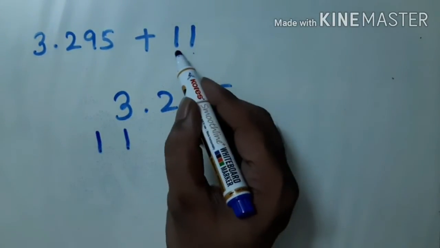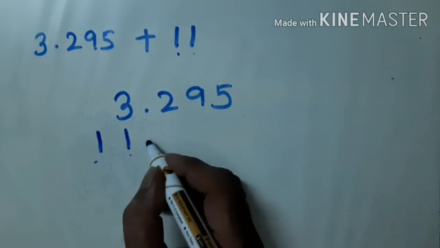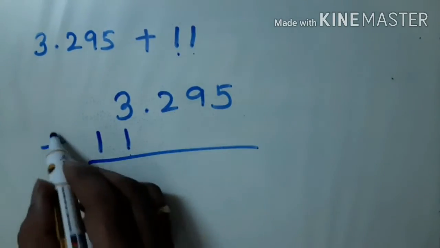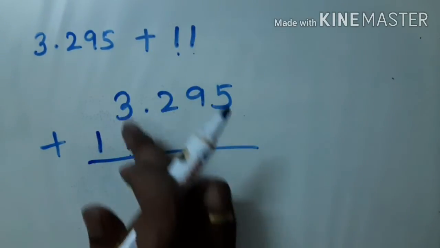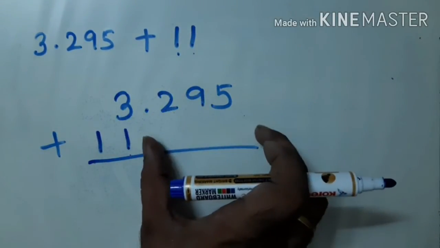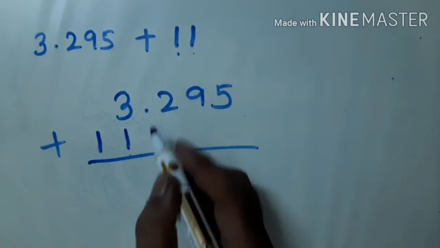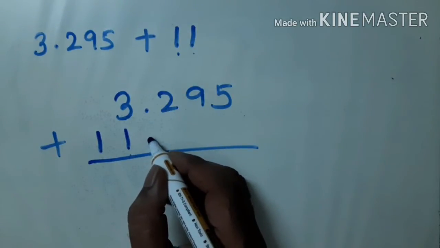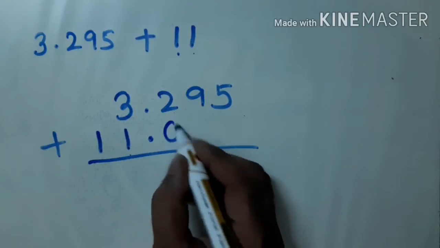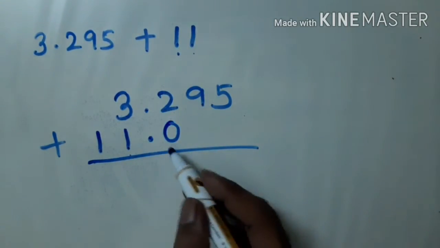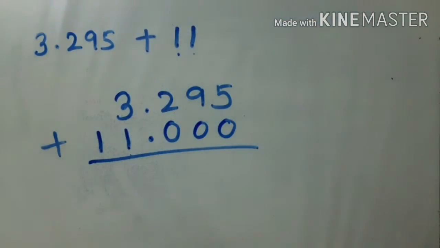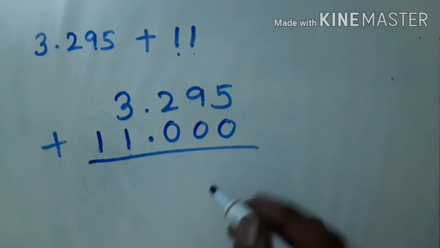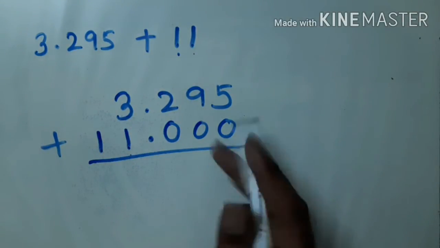Now you can see 11 has no decimal part because it's a whole number. So to add it, you have to convert them into like decimals. Since there is no decimal part, 11 should have some decimal part. We need 3 places. 11.0 is the same as 11. So we can write 3 zeros, because we can add as many zeros as we want at the end of the decimal part. To get 3 decimal places, we are putting 3 zeros.